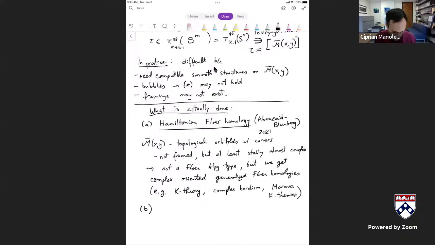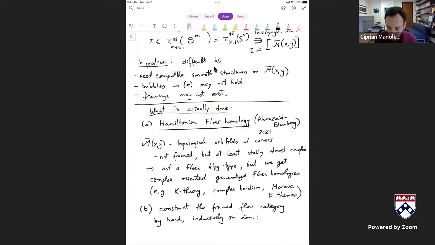Okay, another thing that people can do in combinatorial situations, that's one option: you can construct the framed flow category by hand, inductively on dimensions.